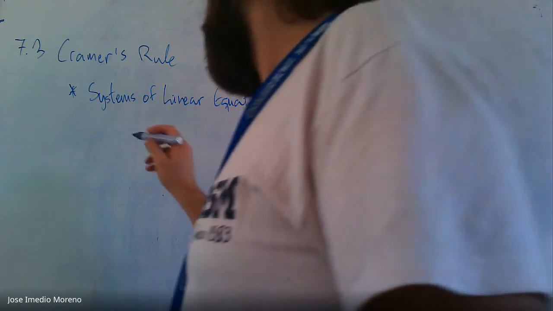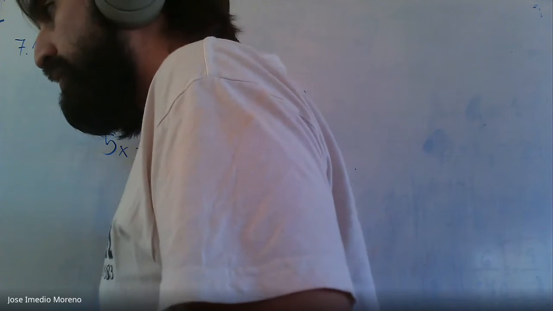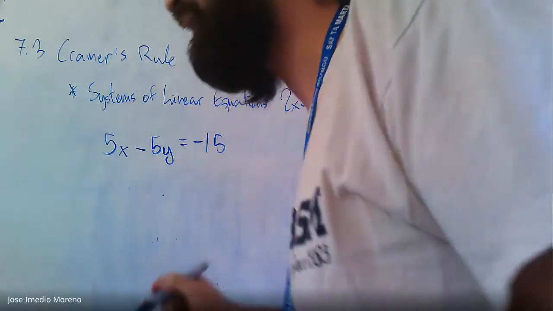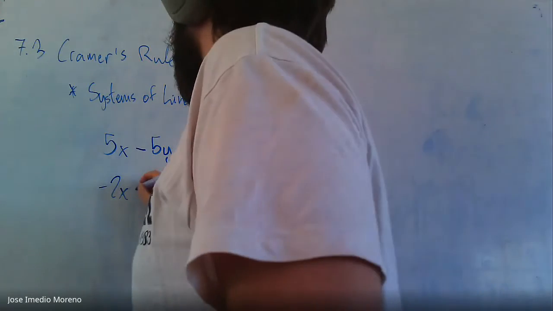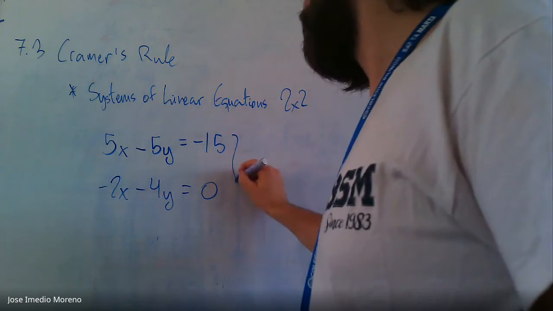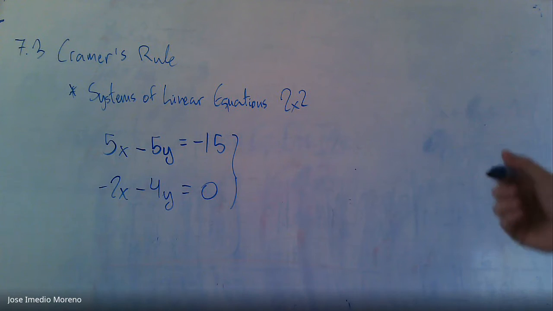I'm going to write the equations here. 5x minus 5y equals minus 15, minus 2x minus 4y equals 0. This is the system, and what we do here is the following.